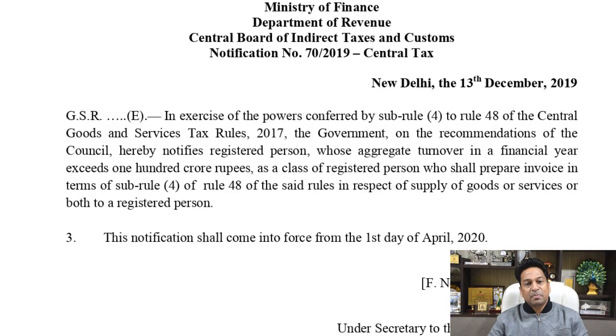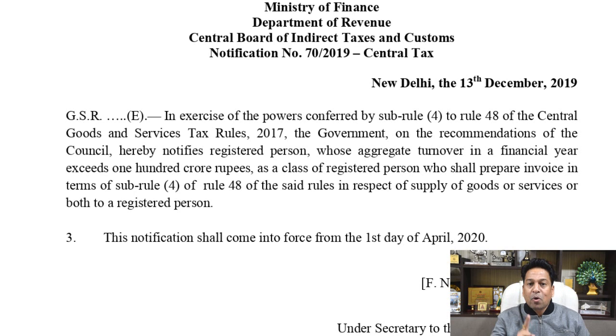Every registered person whose aggregate turnover crosses 100 crore in a financial year has to compulsorily make E-Invoice effective from 1st of April 2020. This aggregate turnover includes taxable turnover, exempted turnover and export turnover.